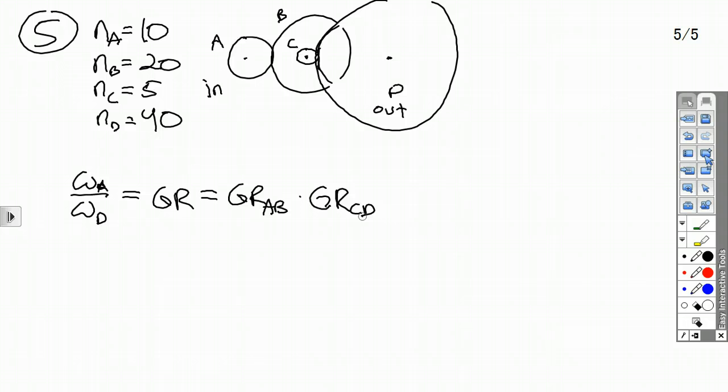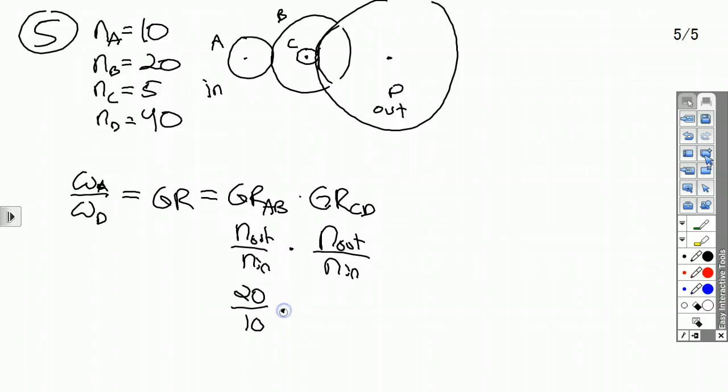So between A and B, we have an out over an in, times, again for C and D, an out over an in. So the out for A and B would be B, 20 teeth. A is the input, that would be 10 teeth, times output for C and D would be D, so that's 40 teeth.